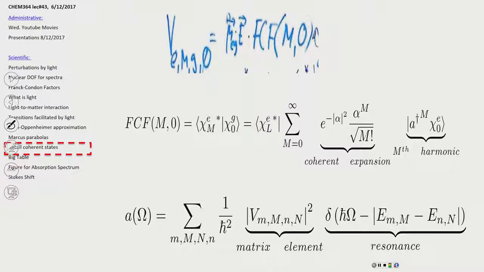Then the Franck-Condon factor that you enter into the transition for this Fermi golden rule will be expressed in terms of this coherent state expansion. So in fact, we will need just to plug in some values and take the factorial and this alpha parameter to the power m.